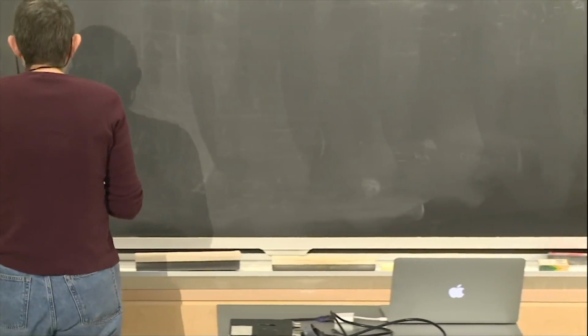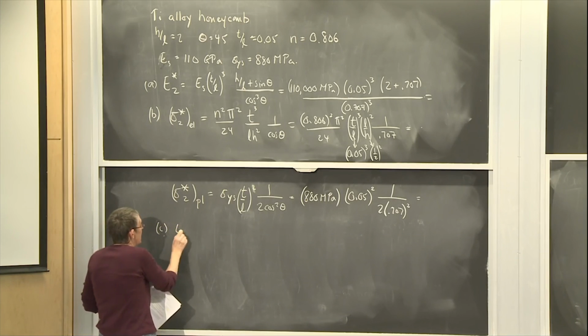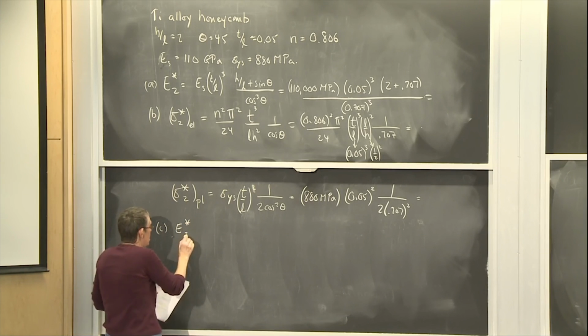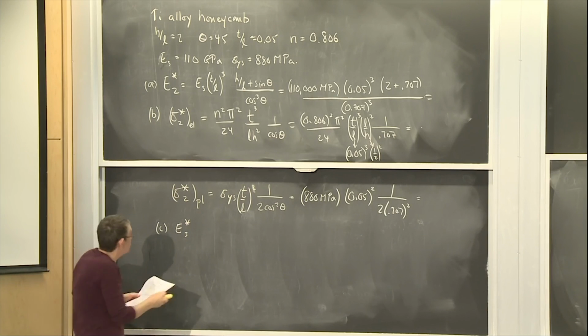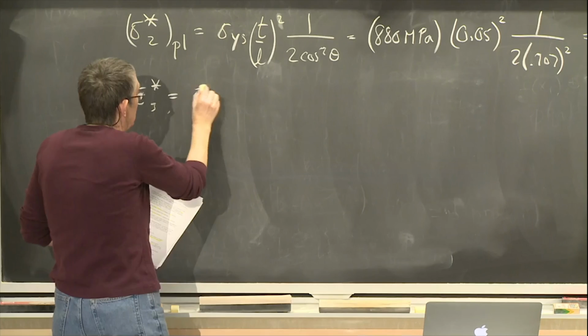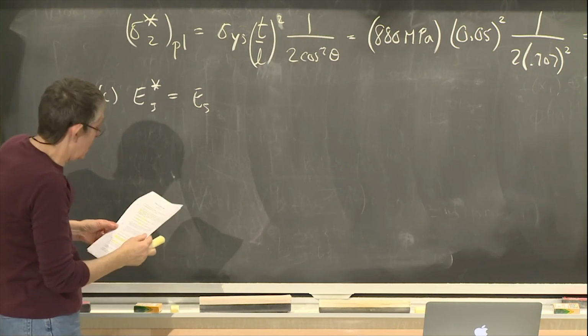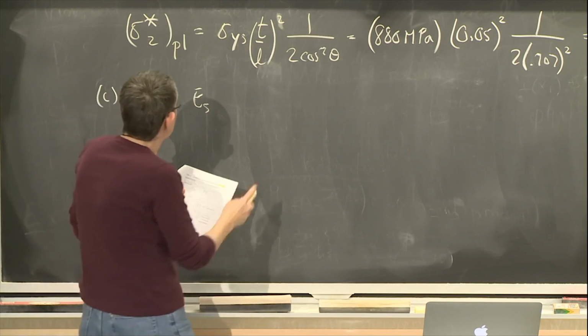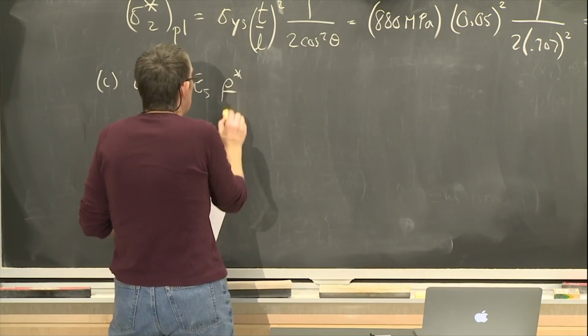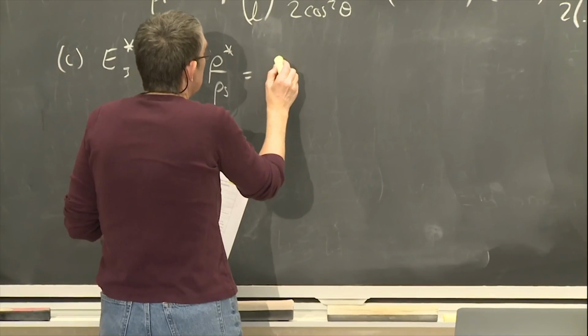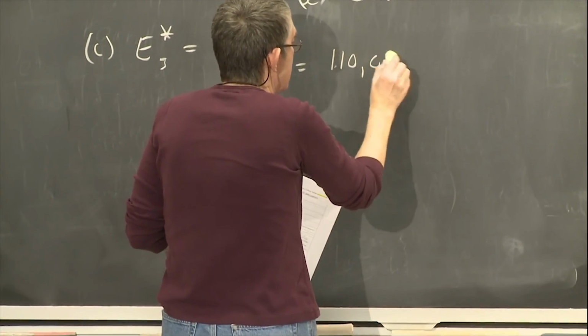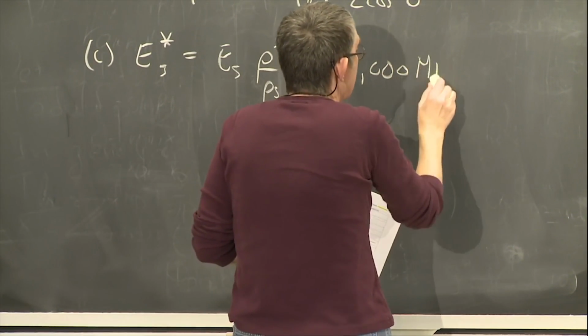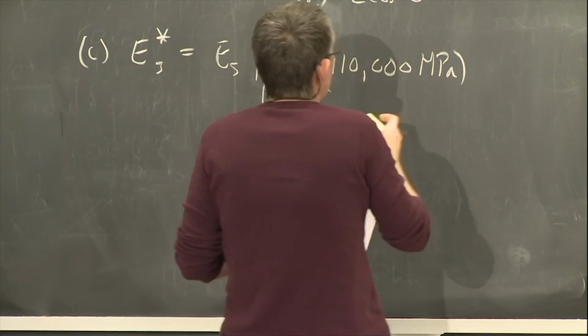So then the third one is the out-of-plane Young's modulus in the x3 direction, and that's just going to be E_s times the relative density, so it's E_s times rho star over rho_s. That's 110,000 megapascals.